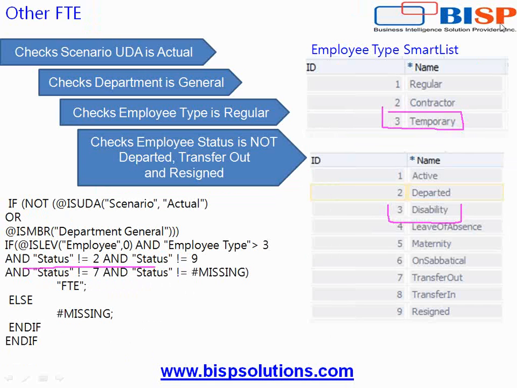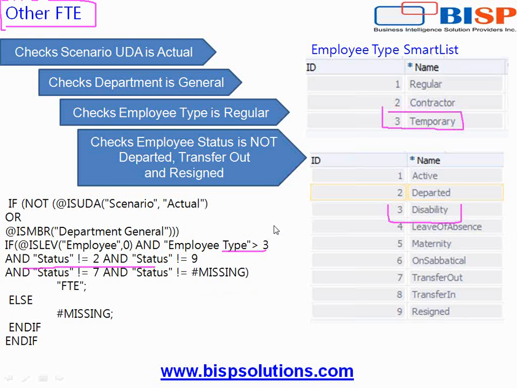Where if employee status is other than 3 or greater than 3, sometimes we don't apply any validation rule. If employee status is greater than 3, it is considered as other FTE. So smart list is used to input value, and based upon a smart list value, we calculate FTE. So that's it for today.